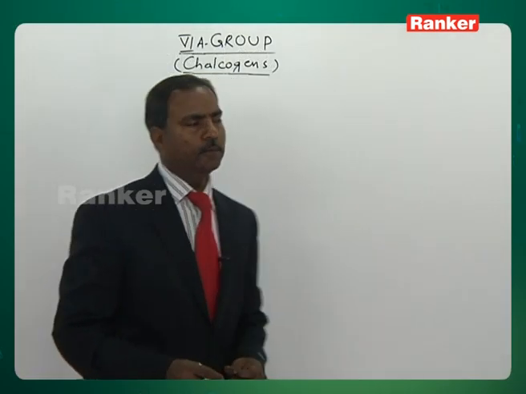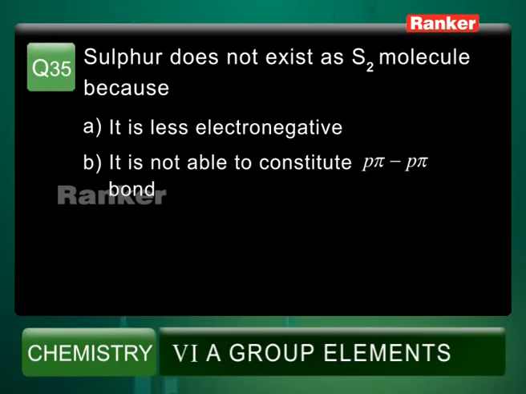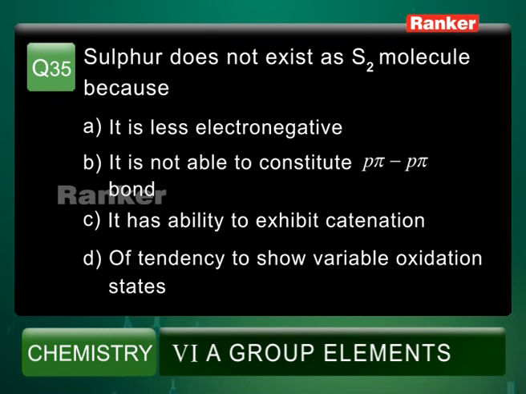Question number 35. Sulfur does not exist as S2 molecules because: option A, less electronegative, it is not able to constitute p-pi bonds; B, it has the ability to exhibit catenation; C, tendency to show variable oxidation states.